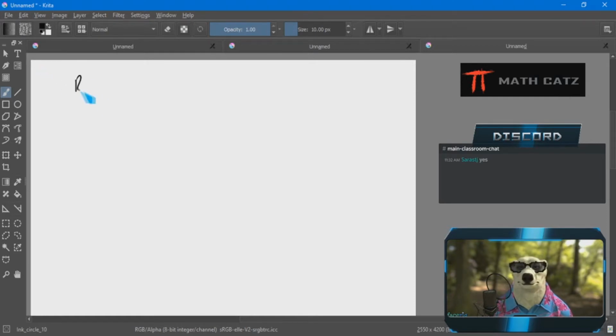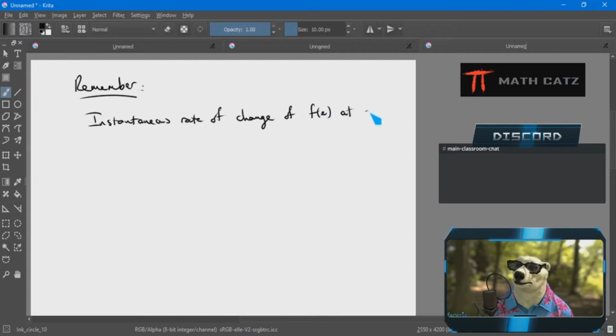Okay, so let's remember. The instantaneous rate of change of, let's say, my function at some x value, let's call it c, is the limit as h approaches 0 of f of c plus h minus f of c over h.